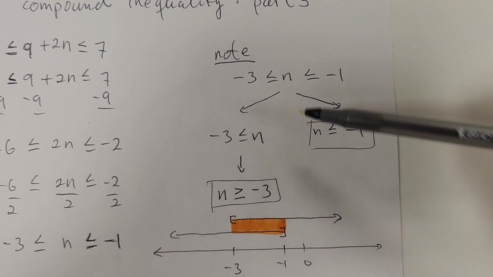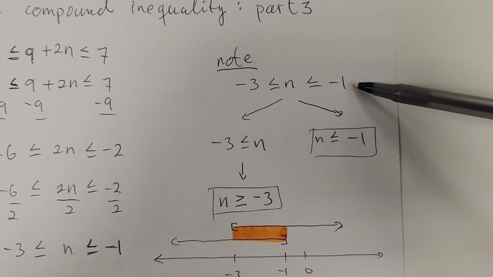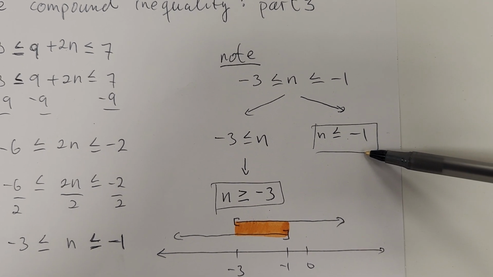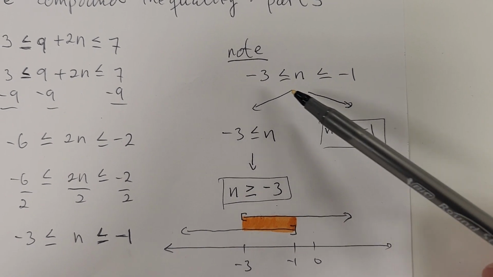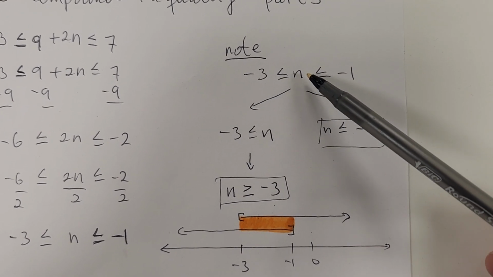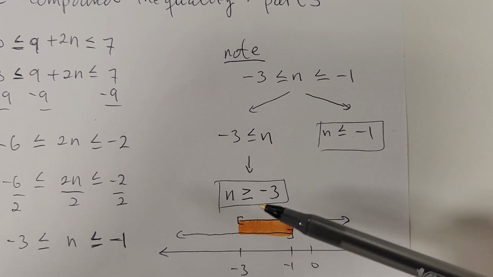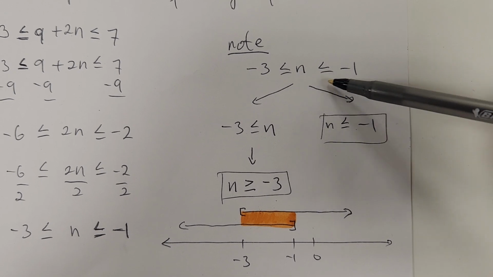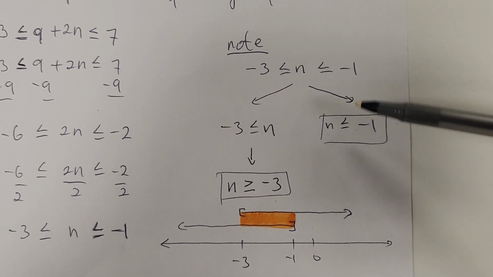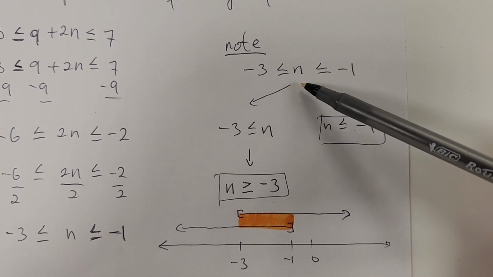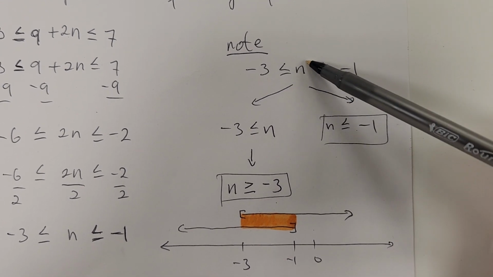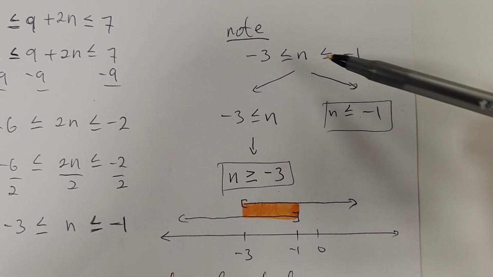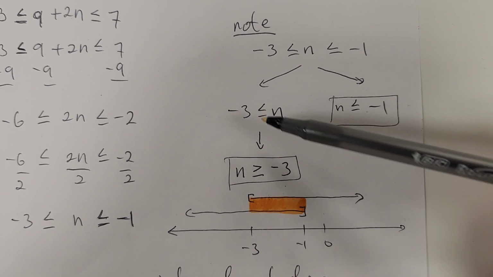So this portion where I am circling will be my right side, and this portion where I am circling will become my left side. So we separate it into right and left.